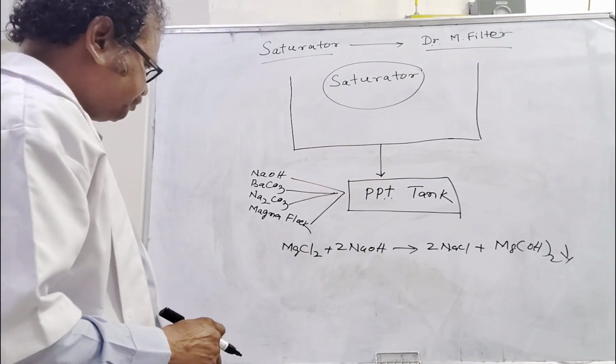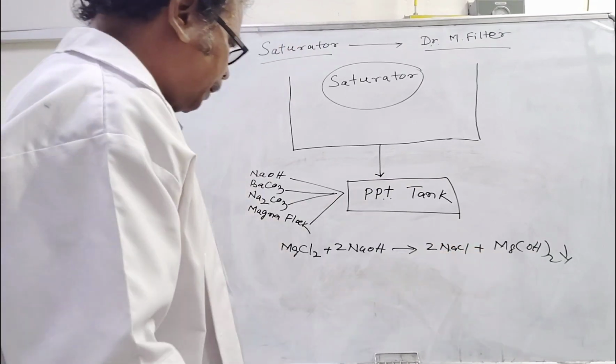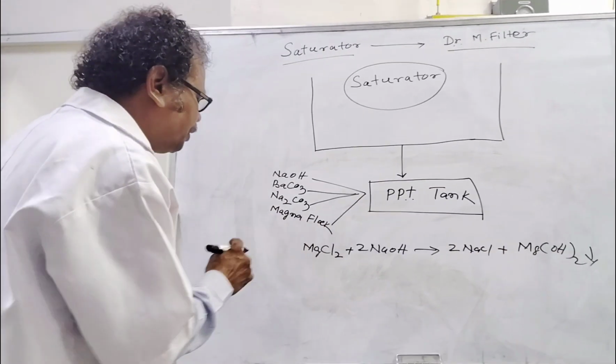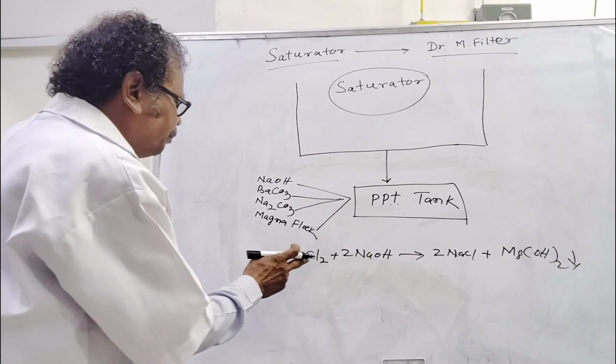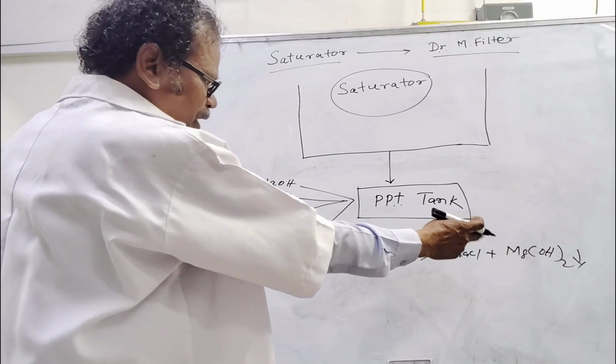So magnesium chloride plus 2NaOH gives NaCl and magnesium hydroxide.